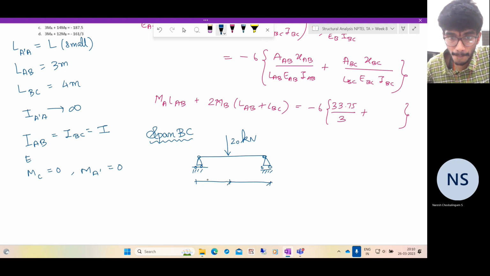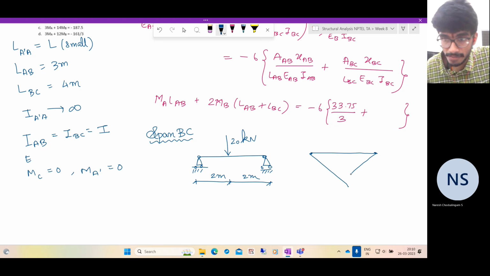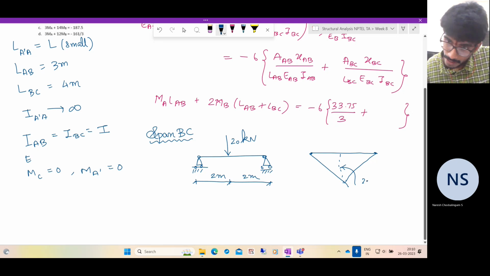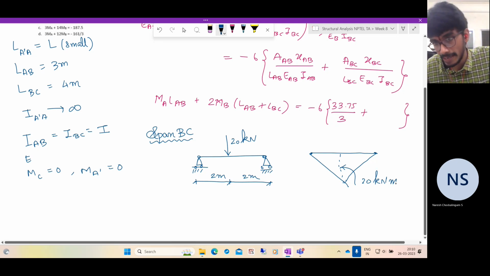Span is 4 meters. So what is the bending moment diagram? Very simple. So the maximum bending moment is 20 kilonewton meter.